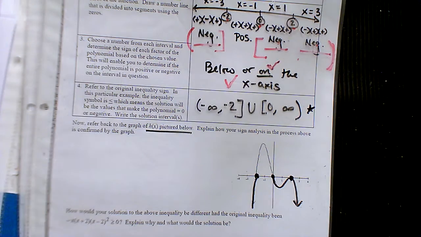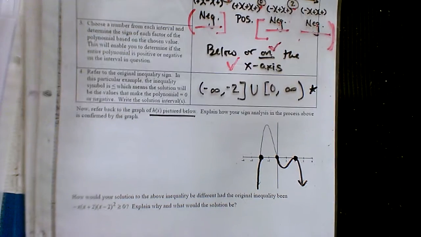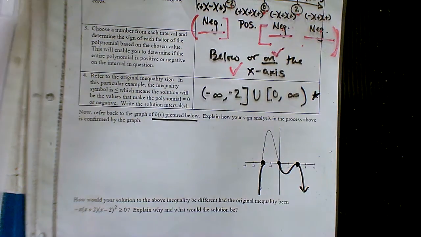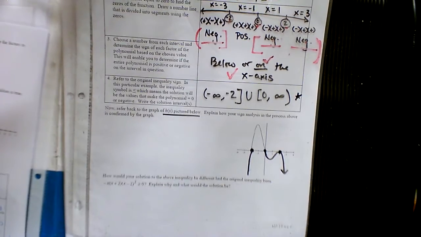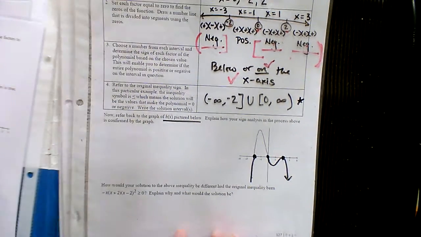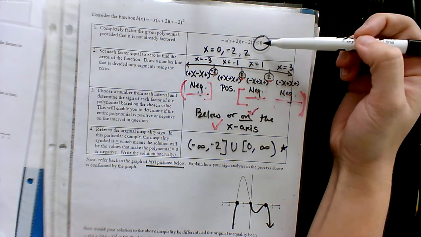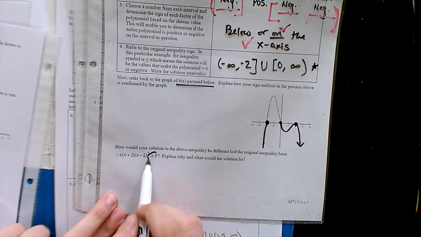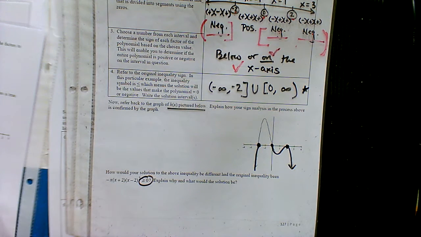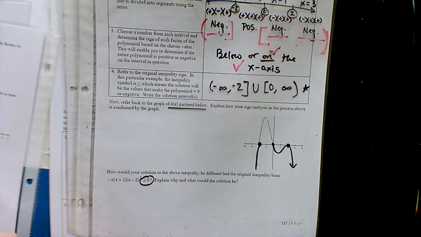So my question is, though, what if we wanted to mix it up a bit? What if, let me zoom out a second here. What if I changed the inequality? So instead of being less than or equal to 0, like the original question was, what if I changed it to greater than or equal to 0? How would that change our analysis? What are we looking for here?